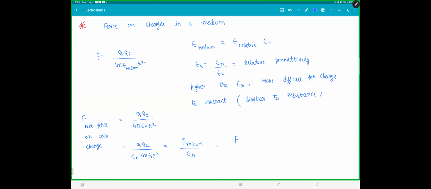If you put the charges in a medium, the net force on a charge becomes the force on a charge in vacuum by epsilon r. So by putting charges in a medium, the force on each of them decreases. Now the question is why?